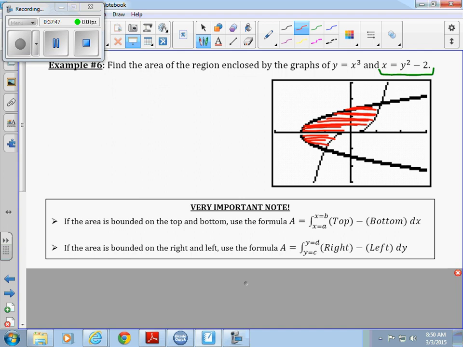Would it take much work to get this one to be x equals? In fact, it would take less work to get this one to be x equals than it would to get that one to be y equals. Y cubed would equal x. So now we have two functions. They're functions of y instead of x.